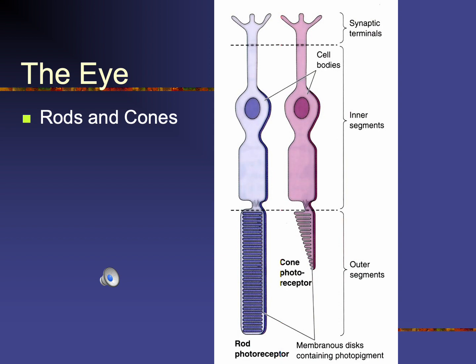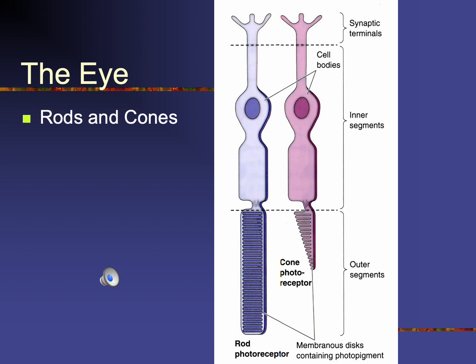Okay, here are the receptors you've been hearing so much about, the rods and cones. And I'll be going into much more detail about these when I go into the color section. But this is just an introduction. Now, with rods and cones, what you have is basically a specialized nervous system cell that's specialized for responding to different light frequencies and to different light intensities.